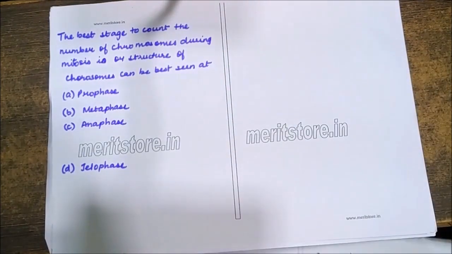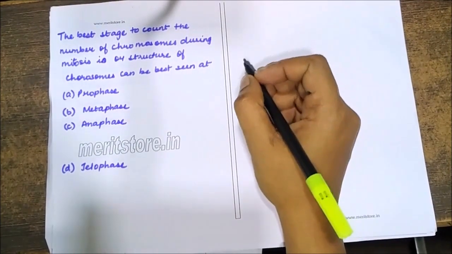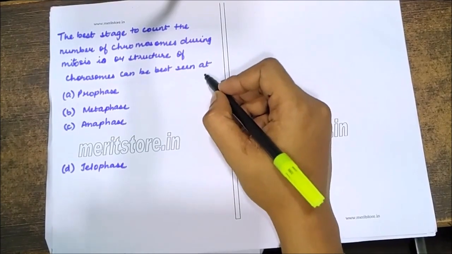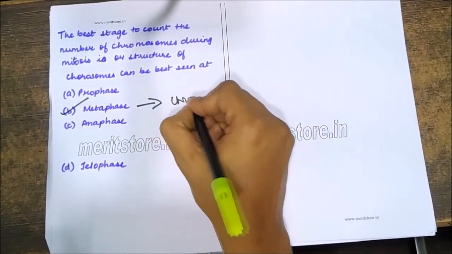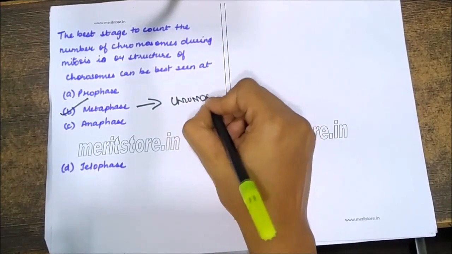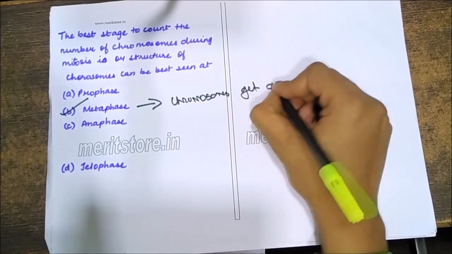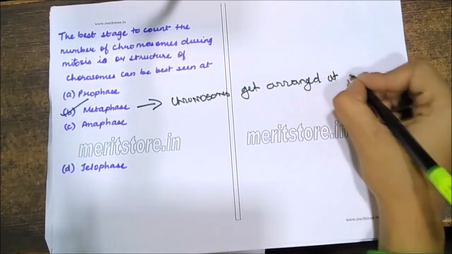Next. The best stage to count the number of chromosomes during mitosis or structure of chromosomes can be seen at metaphase. See, it is during metaphase where the chromosomes get arranged at the equatorial region.